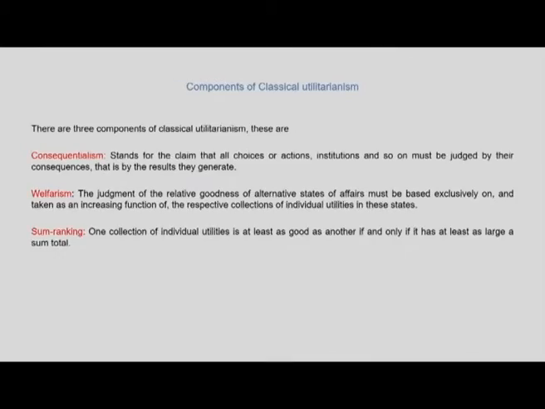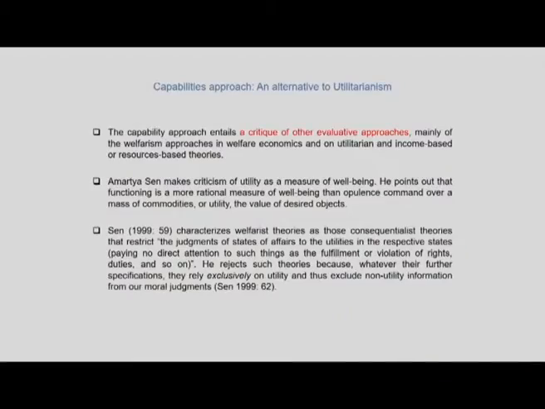The third component of classical utilitarianism is sum ranking, and this says that the utilities of different people need to be simply summed up together to get their aggregate merit, without paying attention to the distribution of the total over the individuals. All these three components define utilitarianism and go to show how it can stand against the capabilities approach.